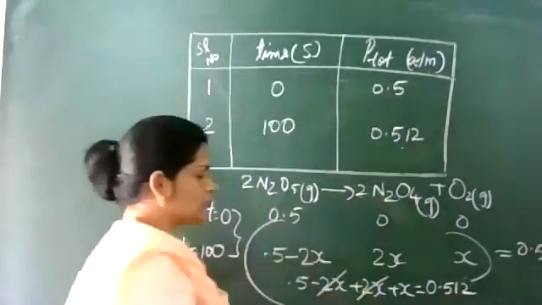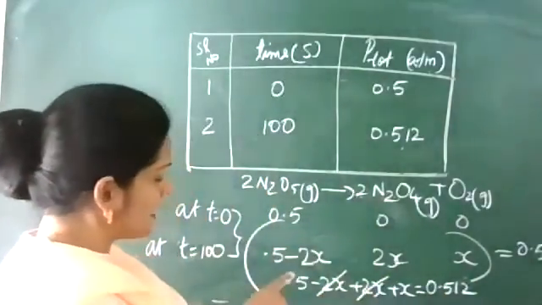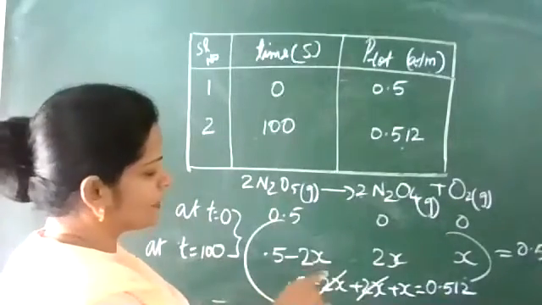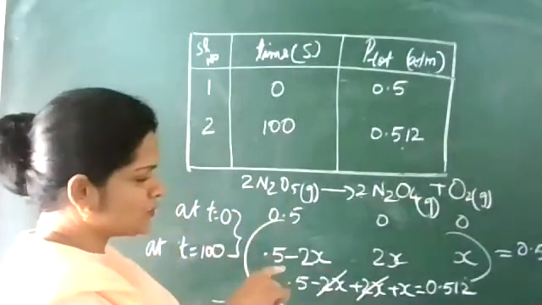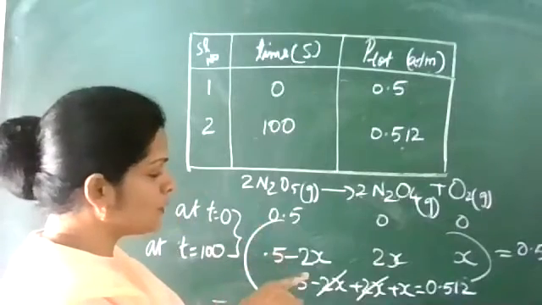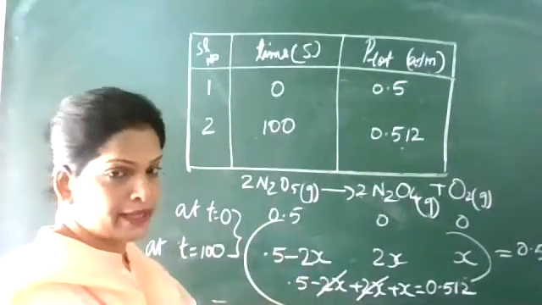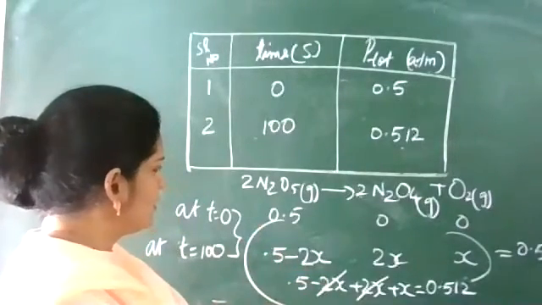Minus 2x plus 2x got cancelled. So 0.5 plus x is equal to 0.512, that means x is equal to 0.012.